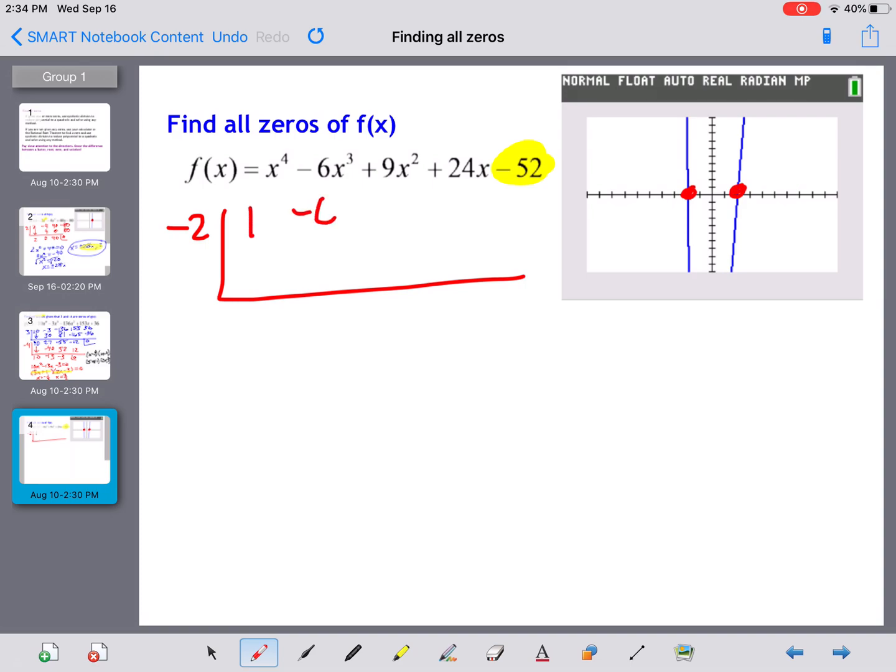We have 1, negative 6, 9, 24, and negative 52. Bring our 1 down. This is going to be positive 8. We get negative 16, which is negative 7, positive 21. Sorry, that should be a negative 8, so then we get a positive here.